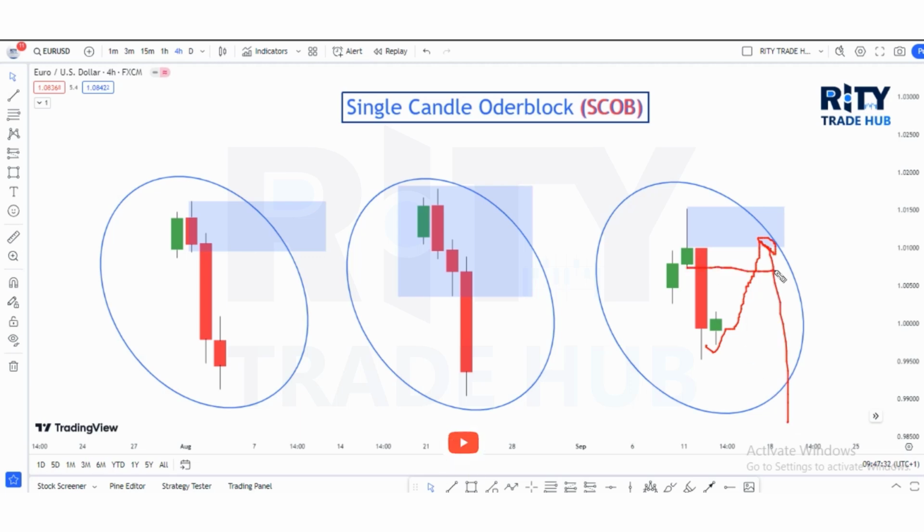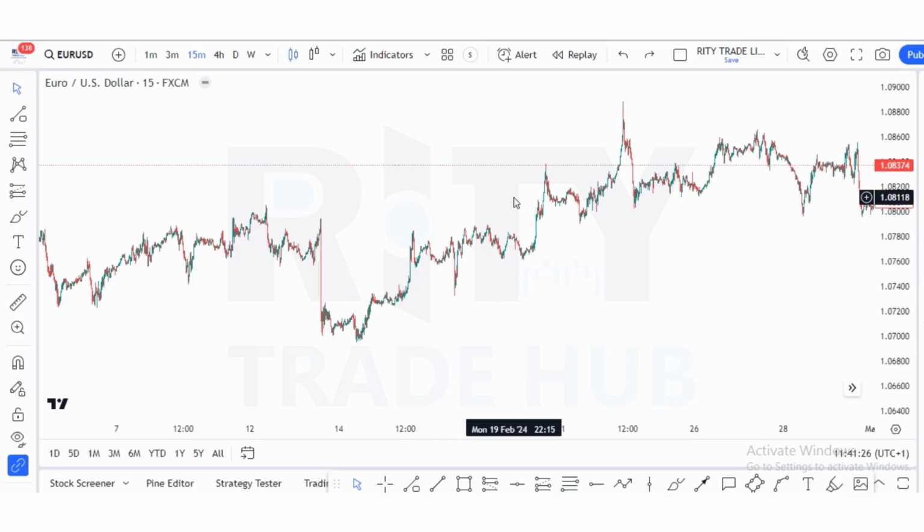Price can also mitigate this other POI, and then we go short. So guys, remember, there are conditions that need to be met to validate this wick right here as a valid SCOB POI. Okay, so moving on, I wouldn't want this video to be too lengthy. Let's head to the chart and take a practical look at this concept. All right, so here in the chart, this is the 15-minute chart on the EUR/USD pair.